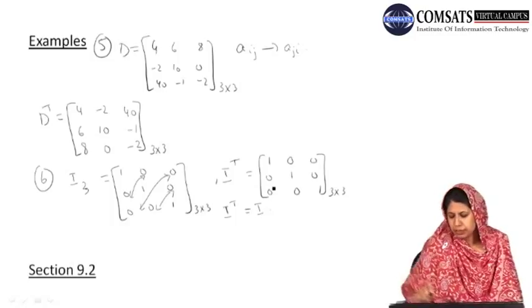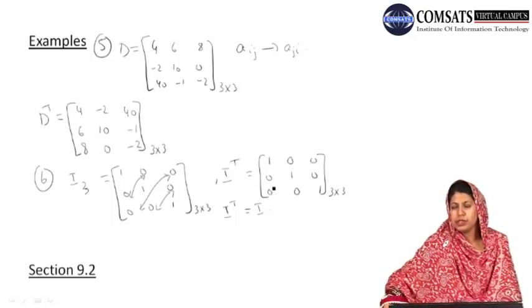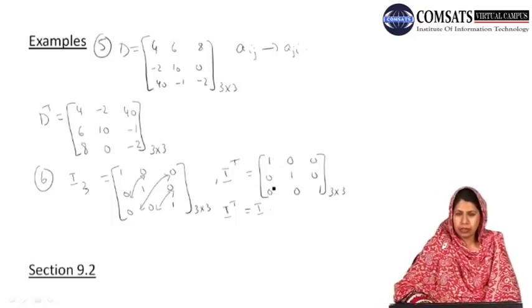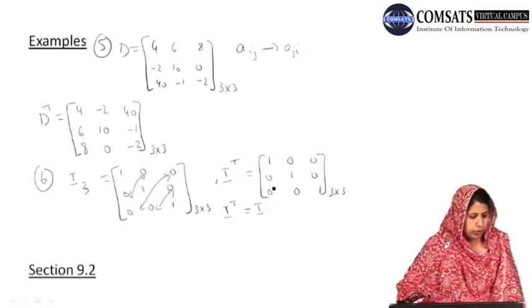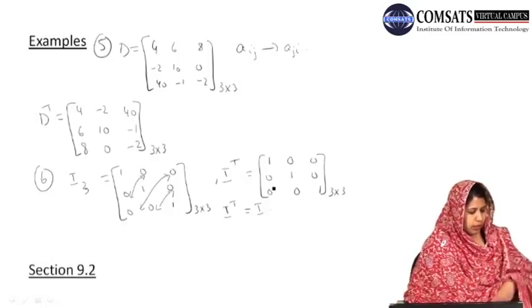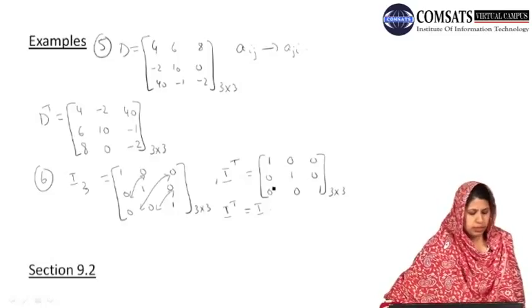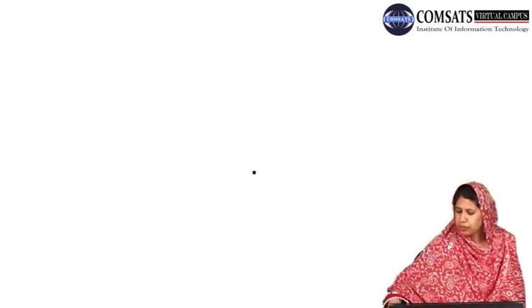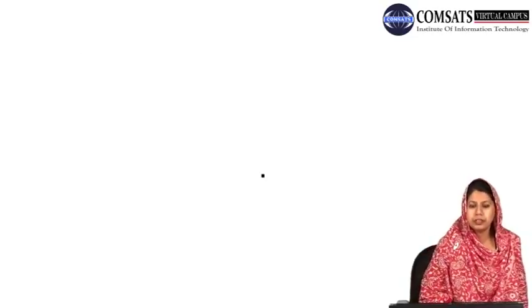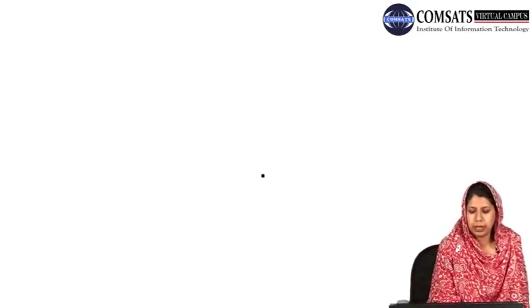Now after this information, that is the definition of matrix, order of matrix and their special types of matrices, we have some practice questions from section 9.2. And now we look at one example, where we are given the formula of the entries of our matrix and we are asked to find that particular matrix representing the formula.